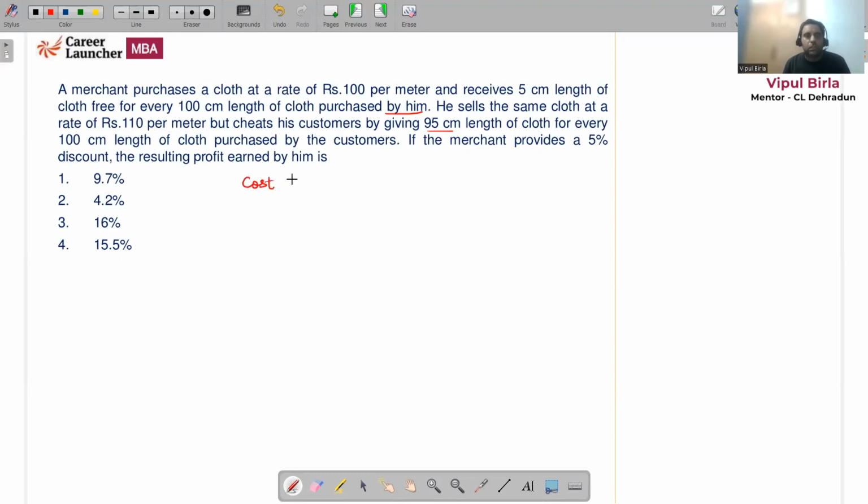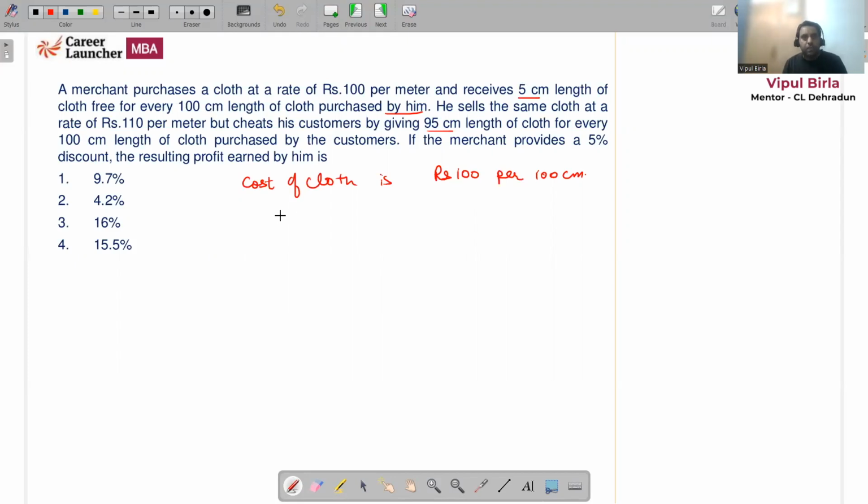Okay. Now, the best way to solve these kinds of questions is to assume that the cost of the cloth is rupees 100 per 100 centimeter. So when he purchases, he's getting 5 centimeter free for every 100 centimeter.